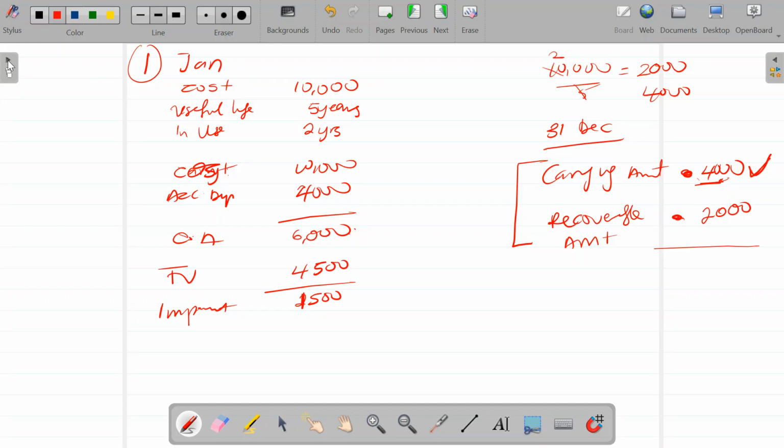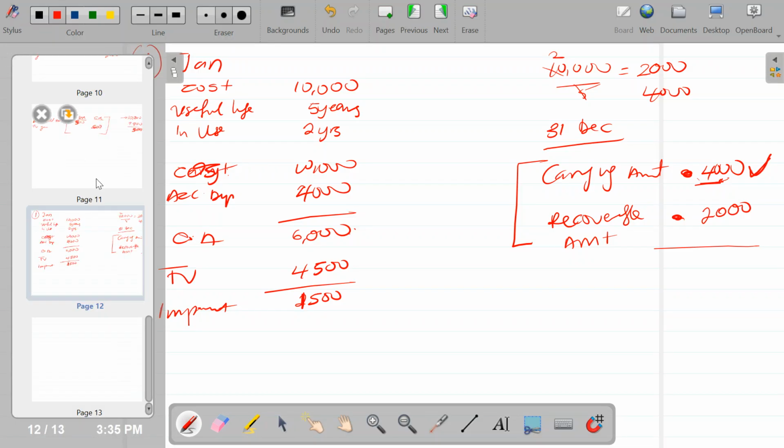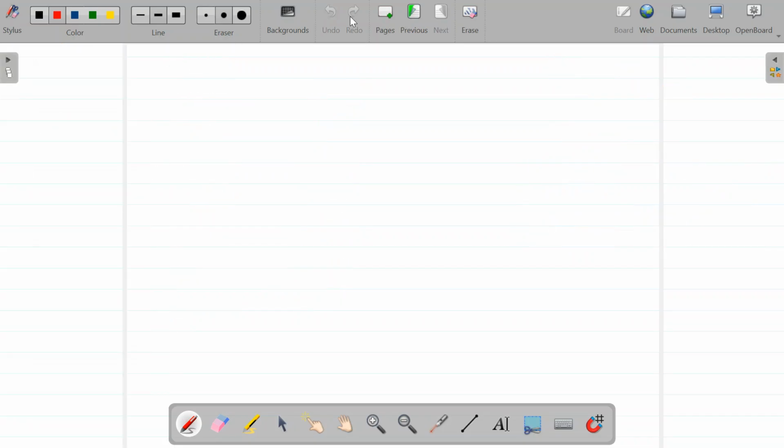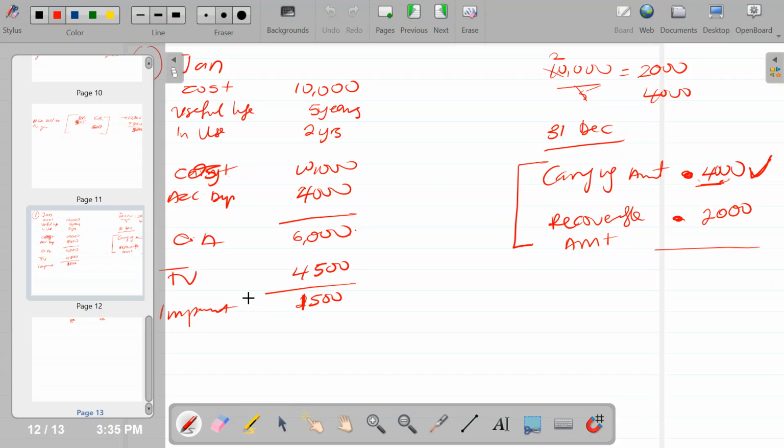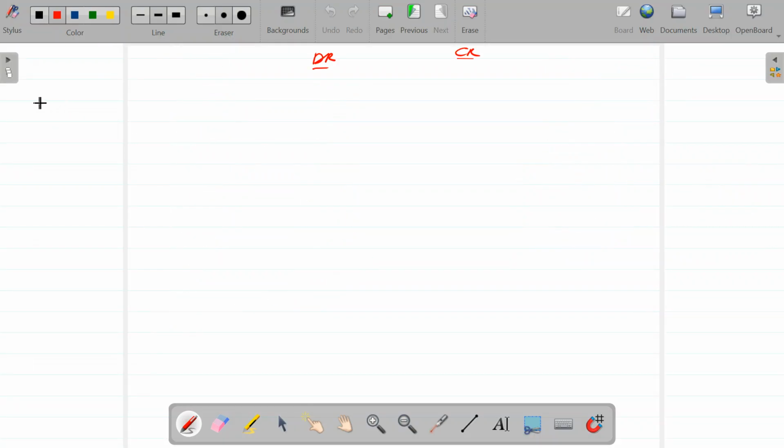So let's look at the double entry. We'll come here, debit, credit. We'll recognize non-current asset held for sale, 4,500.